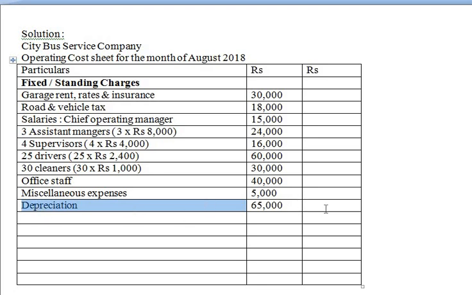Now we have taken all the expenses which will come under fixed or standing charges. Now make a total of these, so that is 3,03,000.